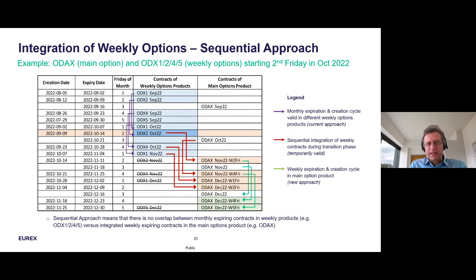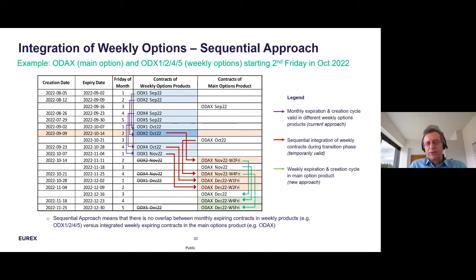It should always be clear that we have only one Friday expiring option. No double listing. And how can this be achieved? If we start on the second Friday in October, we would suppress the creation of the second Friday options in November and instead create, for the first time, integrated weekly expiring options in the main product, in the ODAX.